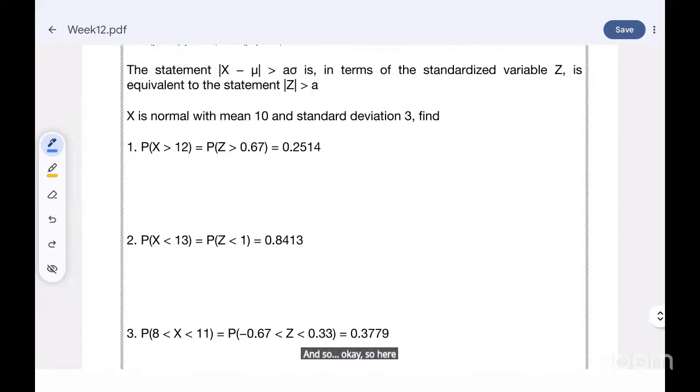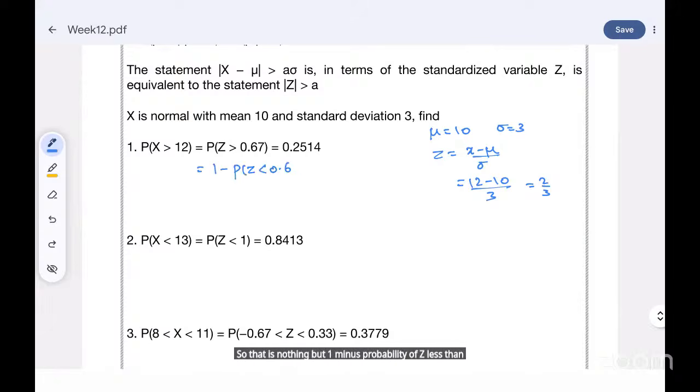So here probability of X greater than 12: now mu is 10, sigma is 3, and Z is X minus mu by sigma. For X as 12, 12 minus 10 by 3 is 2 by 3, so 0.67. Probability of Z greater than 0.67 is 1 minus probability of Z less than 0.67.